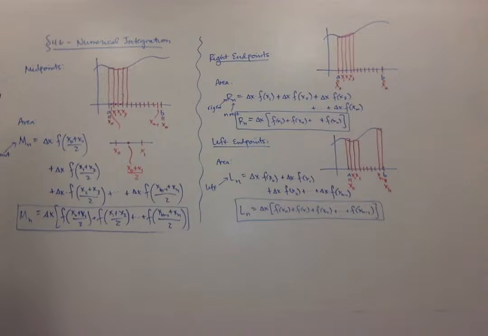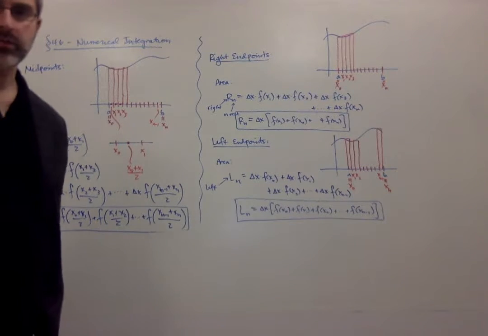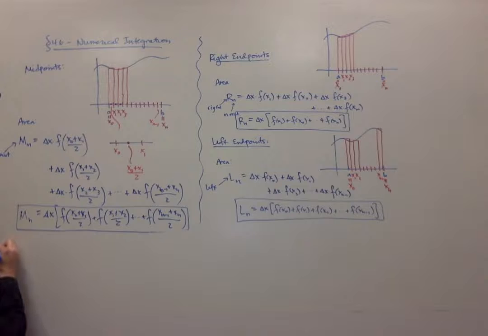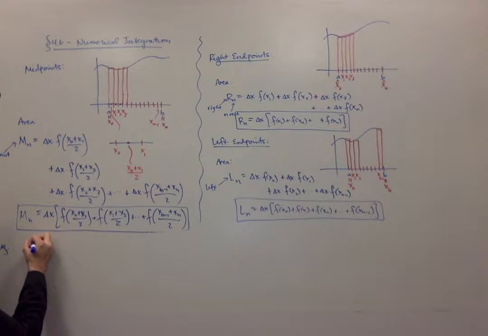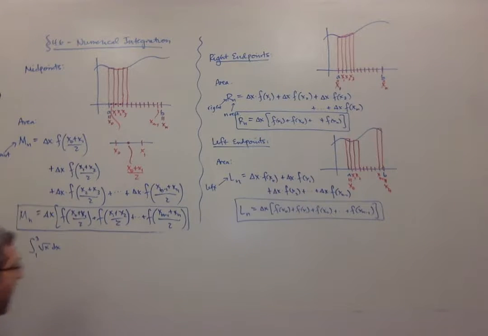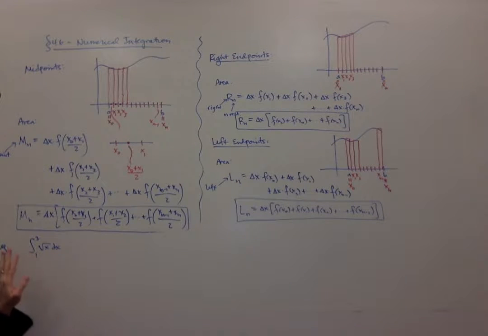And the kinds of problems that you would get from a homework assignment, like what you're going to see in this section, is simply, like if I gave you, for example, the integral from 1 to 3 of square root of x dx. I could say compute this exactly. So if I asked you to compute this exactly, what I'm asking you to do is use the fundamental theorem of calculus.